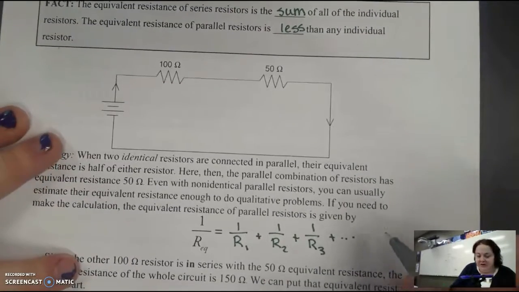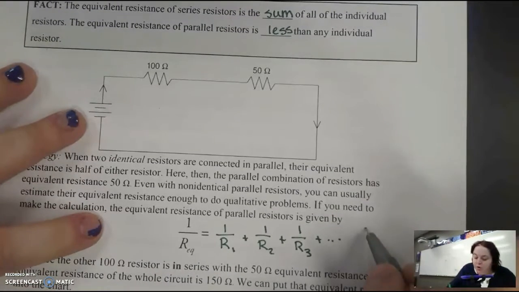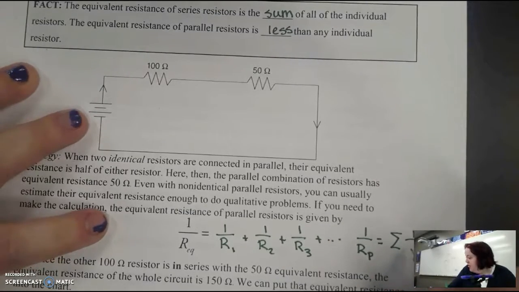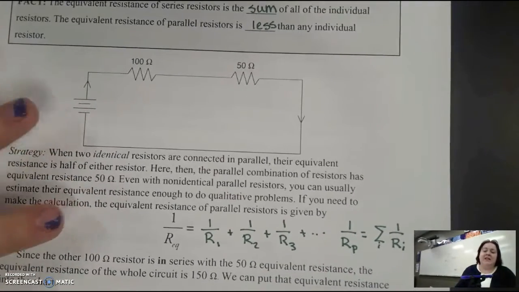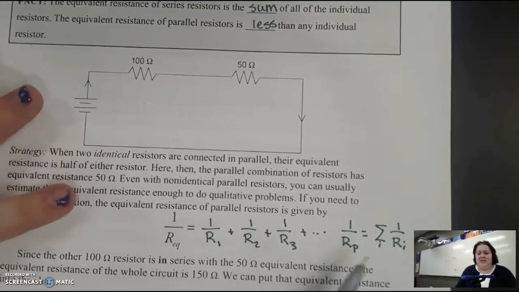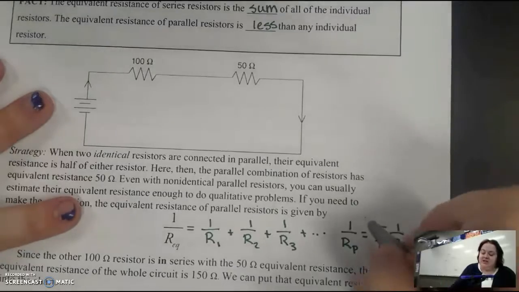I'm unhappy about a lot of things. The AP writes that 1 over resistance parallel is equal to the sum of 1 over Ri, and you're summing with i. Is that the same thing? Yes. Is it way more confusing? Yes. And so this is parallel.